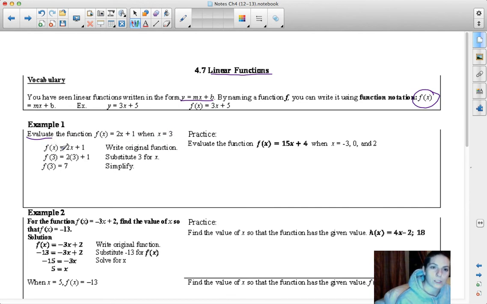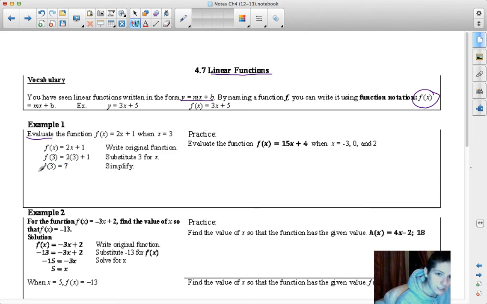We write the original function the way it was, and because they asked me to plug 3's in for x's, I need to do that everywhere. So f of 3 equals 2, remember we're taking x's out and putting 3's in, plus 1. 2 times 3 is 6, and 6 plus 1 is 7. So that f of 3 is equal to 7.